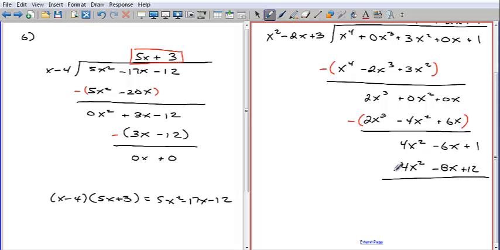Again, we're subtracting this. So this goes to 0. You got negative 6x plus 8x, so you get plus 2x. And you have 1 minus 12, which is negative 11.